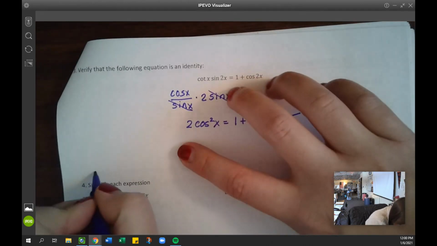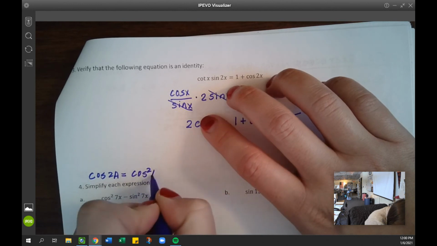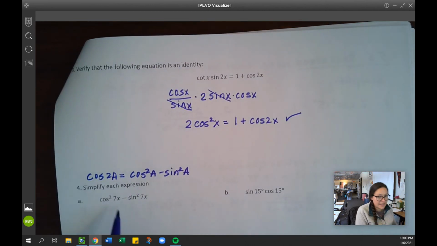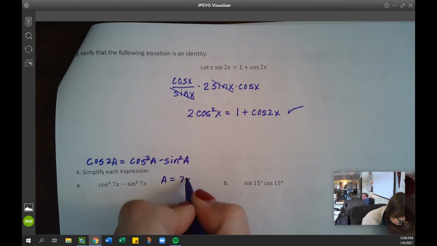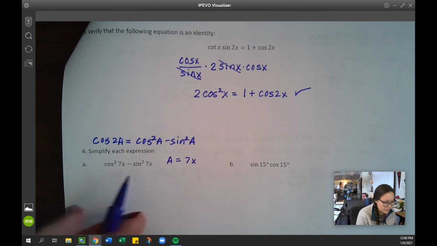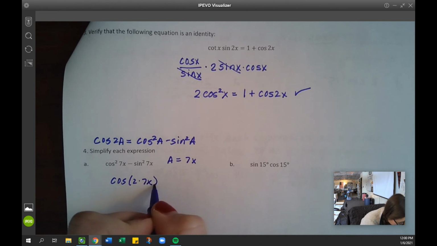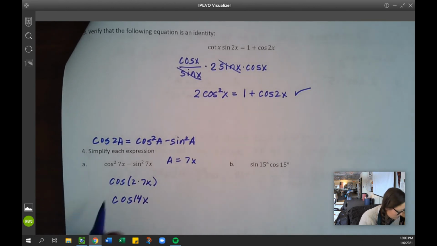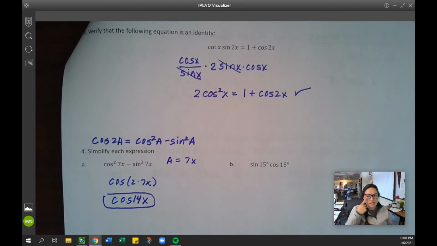So cosine 2a equals cosine squared minus sine squared. Now, in this case, a equals 7x. So this whole thing right here is the cosine of 2 times 7x, which just simplifies to cosine 14x. And that's it. That's as much as we can simplify it.